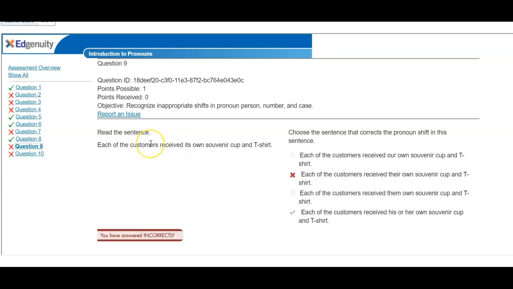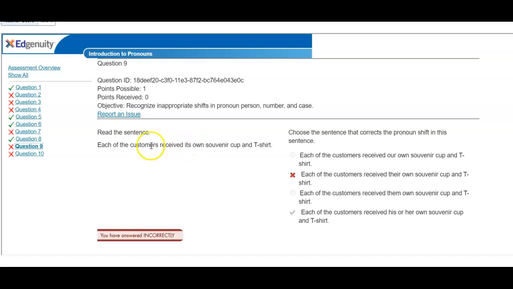Also, customers are human people. When we have human people, we say his or her. We don't say its. If there's an object or like animals, we can use it to say the dog lost its bone. But if we say the girl, we would say the girl lost her bone. Or they, one of the children lost his or her.